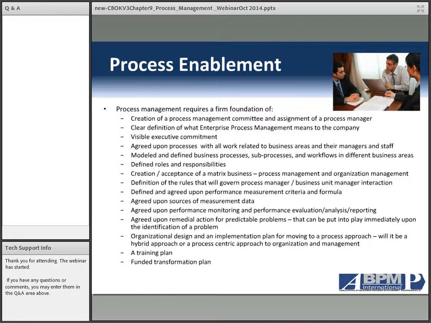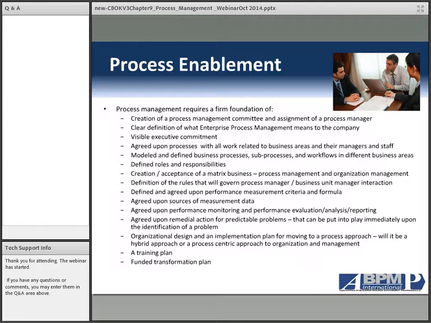The foundation in moving forward is, once you've got the things that we've been talking about, the executive sponsorship, all of those capabilities in place, you now have to enable the activity. So here's where you would start by defining process management. What is it? You define your process management committees.